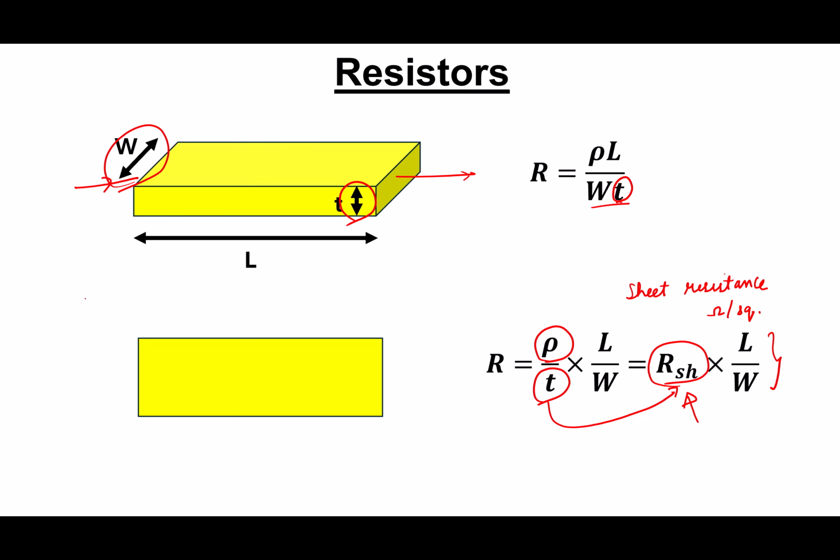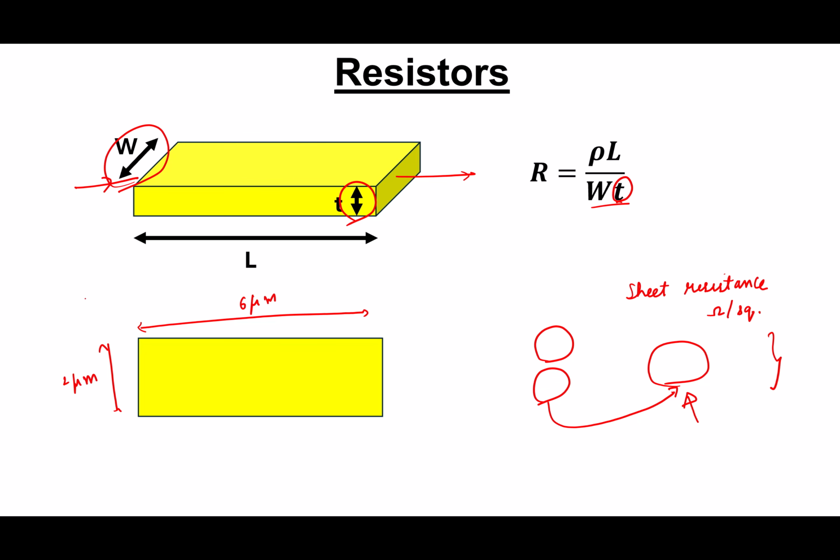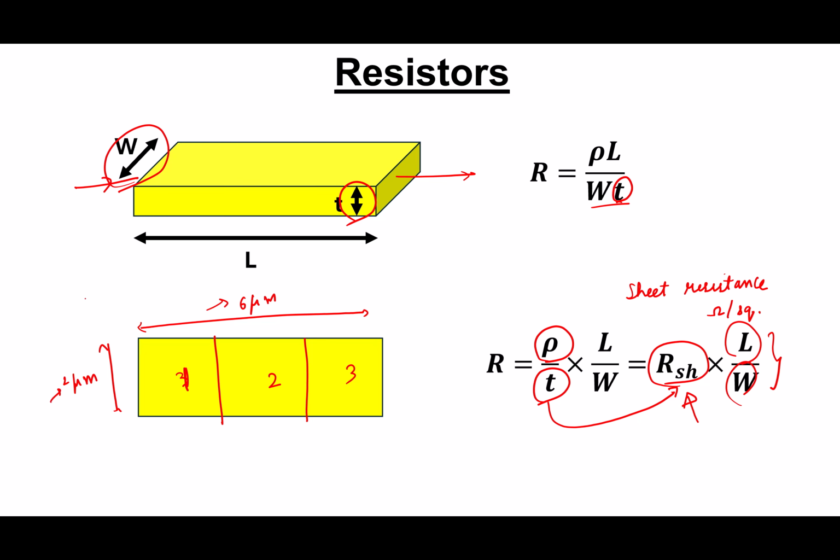That is, if I know the number of squares. For example, let us say this is 6 micrometers and 2 micrometers. Basically, how many squares do I have? 3 squares, right? This is square 1, square 2, square 3. That's the ratio between the length and width, 6 and 2.